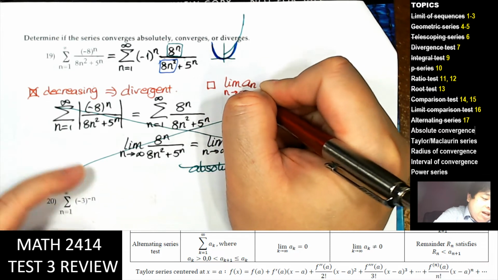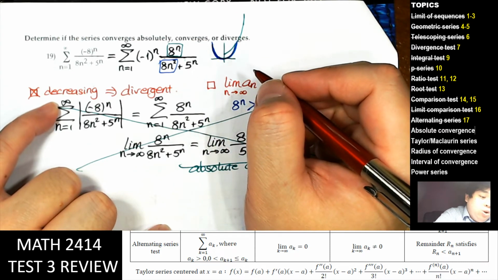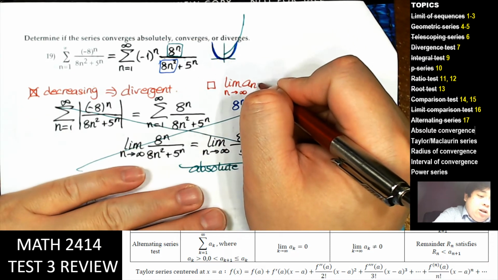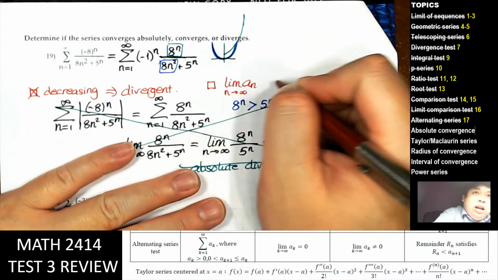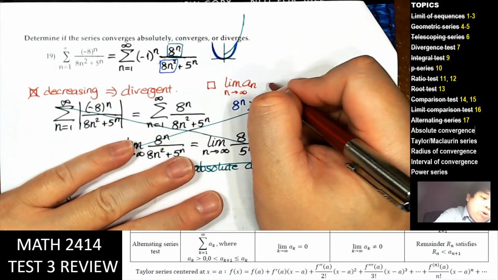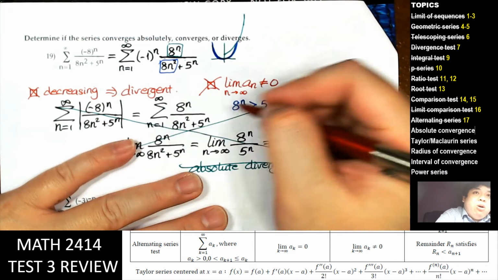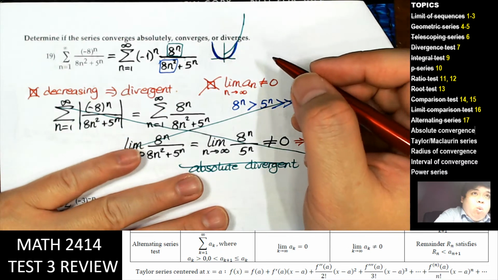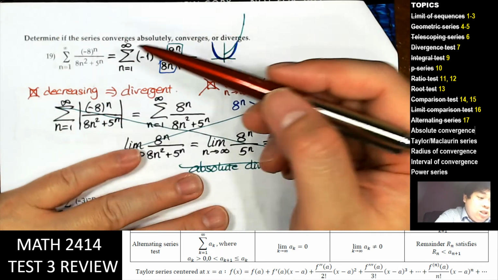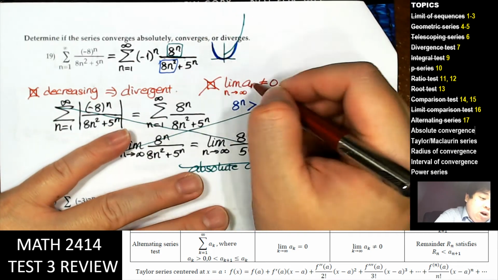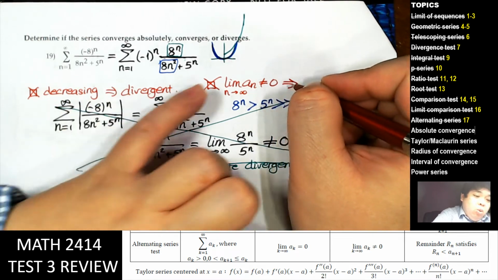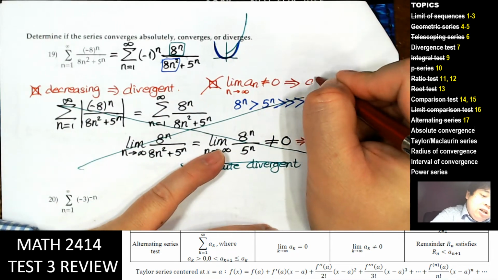The first one, it has to be decreasing, which it is not. The second one, the limit of a_n when n goes to infinity is not equal to 0 either. So we fail on both of them, where we only need to fail one to say that it is divergent.